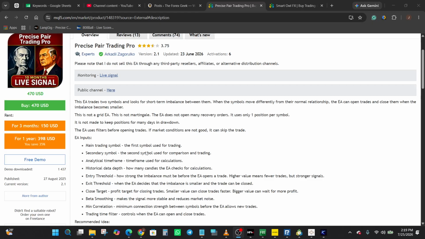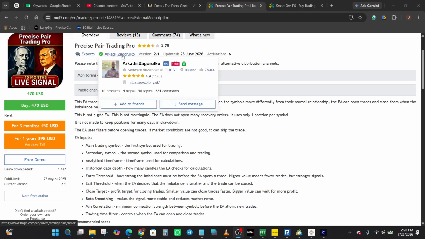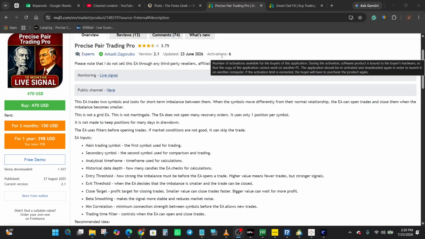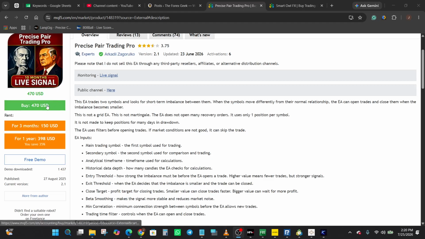It is developed by Arkady Zagorulko, currently version 2.1, last updated on the 23rd of June 2026 with 6 activations. Pricing sits at $470 to buy, or you can rent it for $150 over 3 months, or $398 for a full year, which the page says saves you 35%.